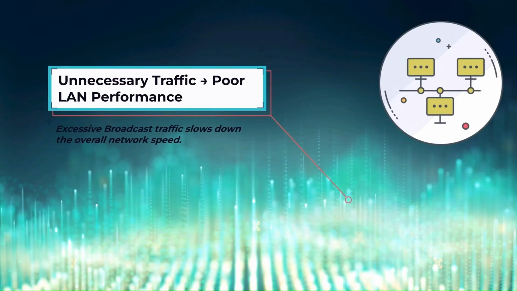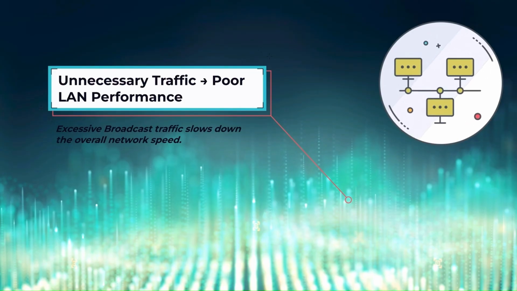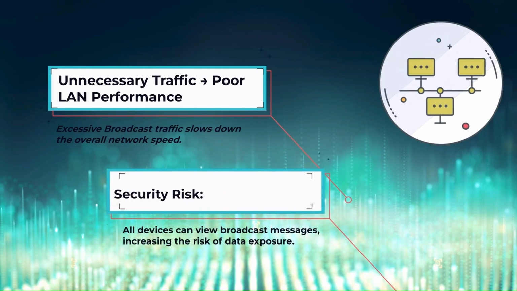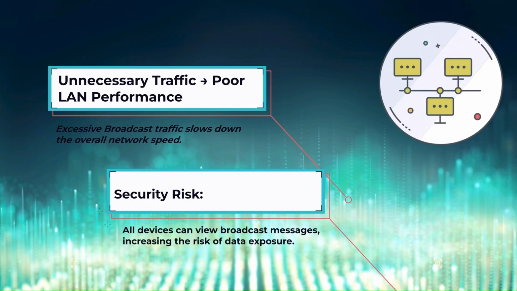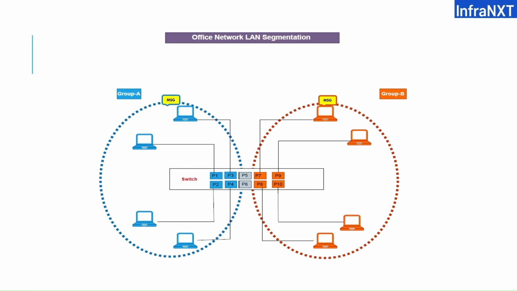This increases unnecessary traffic in the LAN, which causes poor LAN performance, and it is a security risk because everyone connected to the switch can see the message in the LAN network. To solve this, we use LAN segmentation.